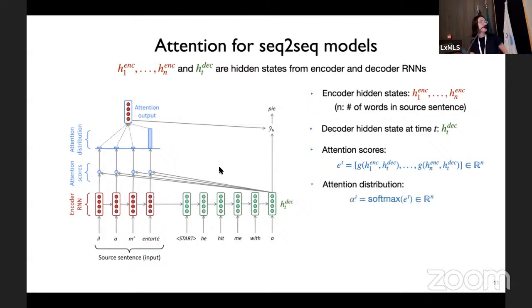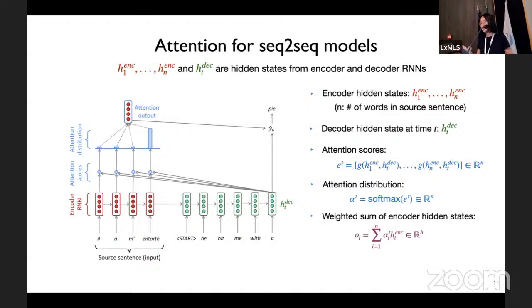That basically captures the similarity between the encoder state and the decoder state. And then you normalize the attention score, which converts these attention scores into an attention distribution. So you convert this e t into alpha t, which essentially just takes the softmax of e t. This converts it into a probability distribution, which should be an n-dimensional vector because there should be n hidden vectors on the source sentence side.